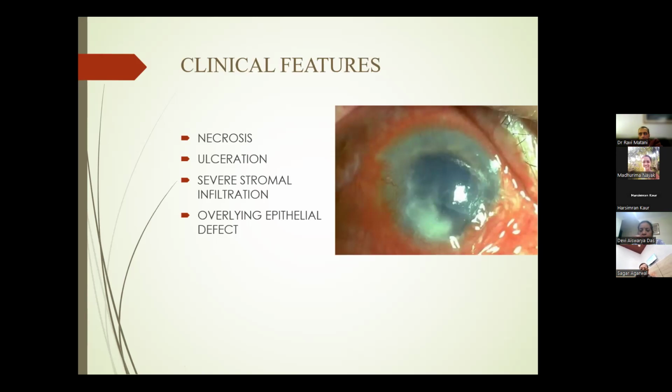So treating necrotizing stromal keratitis takes a little time. There will be severe stromal infiltration and an overlying epithelial defect. These are the cases in which I do not use topical steroids in the initial phase.